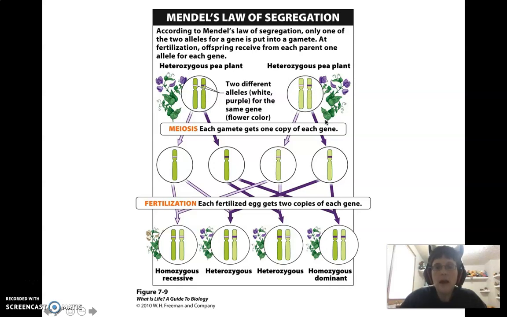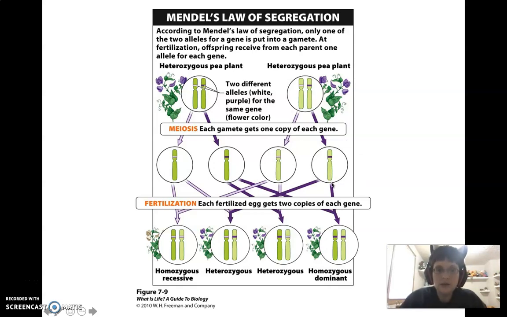And we know from meiosis that these genes are going to get divided, right? They'll get copied and then they're going to get divided into the gametes with 1 copy going to each gamete. So they only show 2 here, but we know that there's 2 that'll get purple and 2 that are going to get white, right?